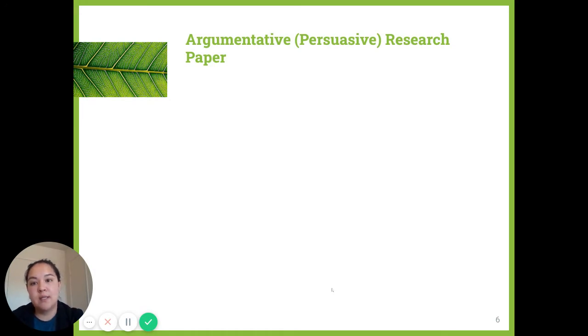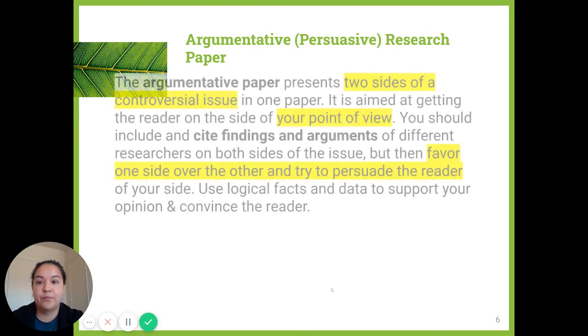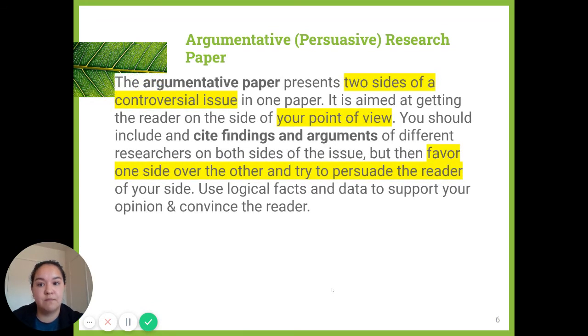Another widely spread type of paper is argumentative or persuasive research. Let's take a look at the definition. The argumentative paper presents 2 sides of a controversial issue in one paper. It is aimed at getting the reader on the side of your viewpoint.